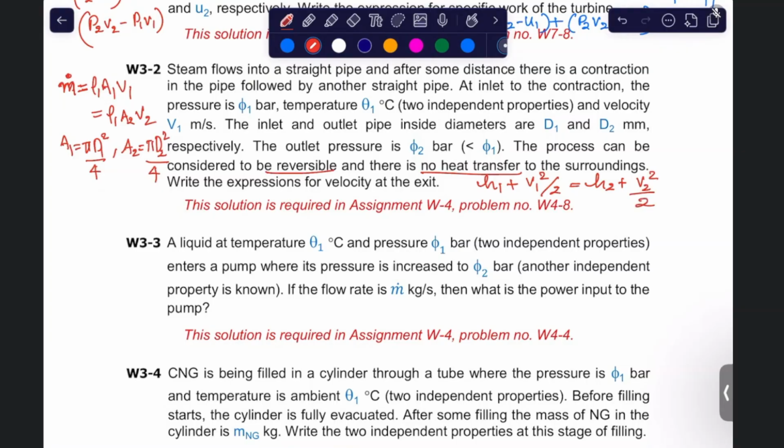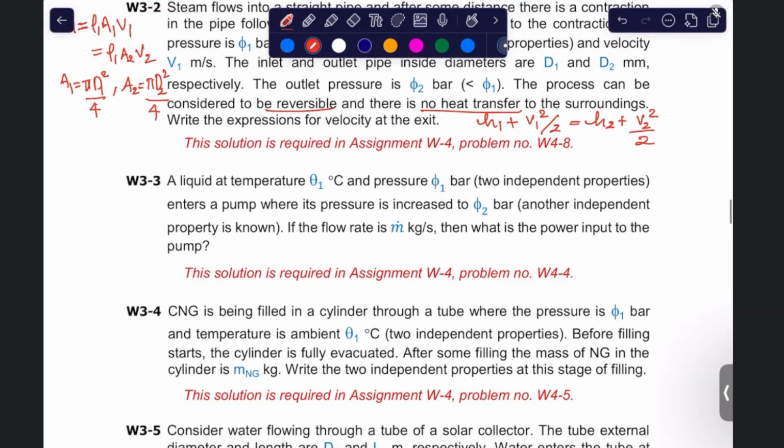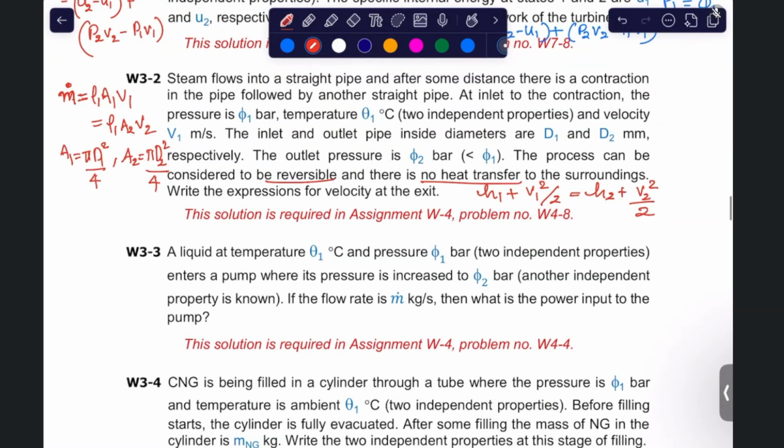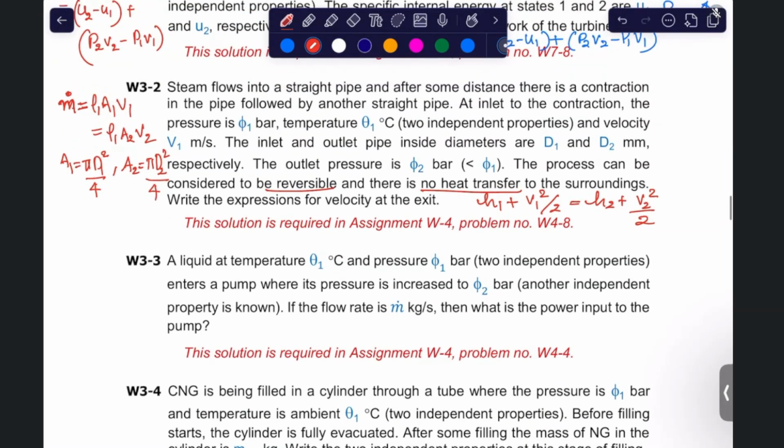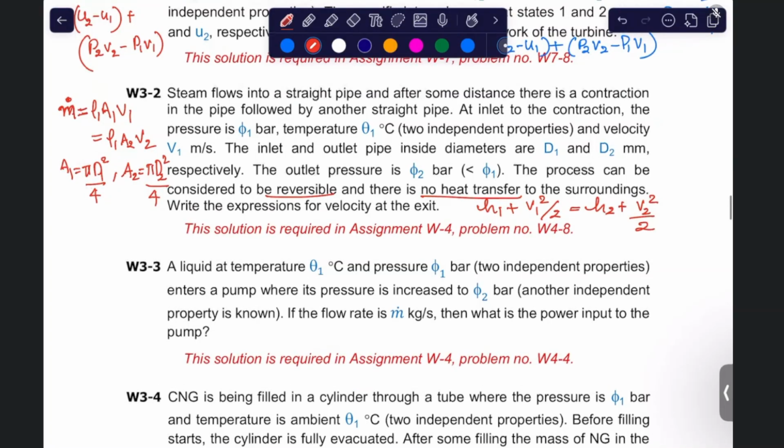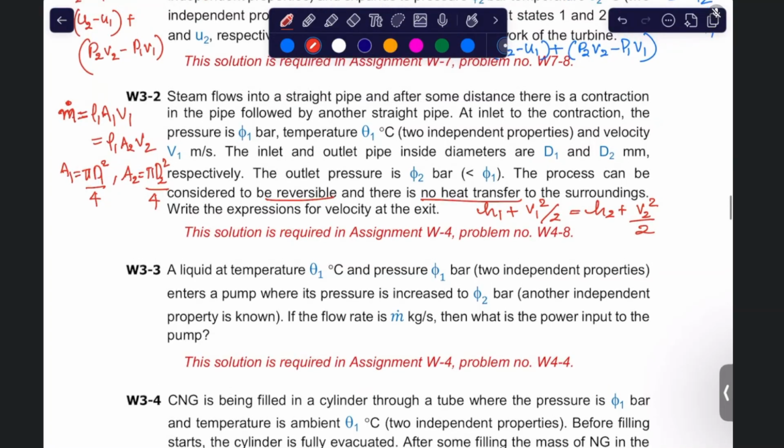That is the first law for such a system because Q equal to 0, W equal to 0. Now, H1 we can write in terms of Phi1, theta 1, and H2 in terms of Phi2, theta 2. And since it is isentropic, theta 2 can be found from steam tables or from isentropic relations. Then we can solve for V2.